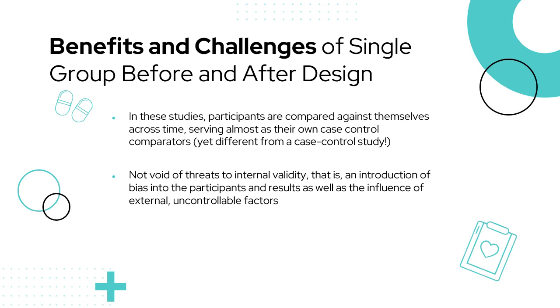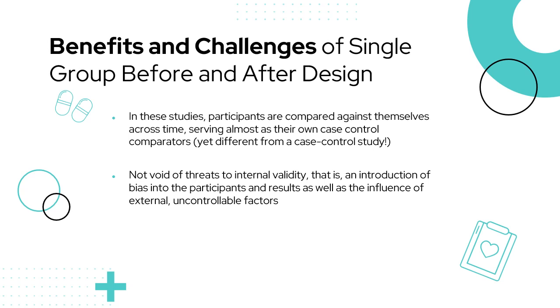Then I can give them the intervention, and now they become the case side of the study design, right? They've had the intervention and we can measure the same variables. And in essence, it's going to eliminate a large amount of confounding variables unless they picked up new habits or hobbies in the midst of receiving the intervention.